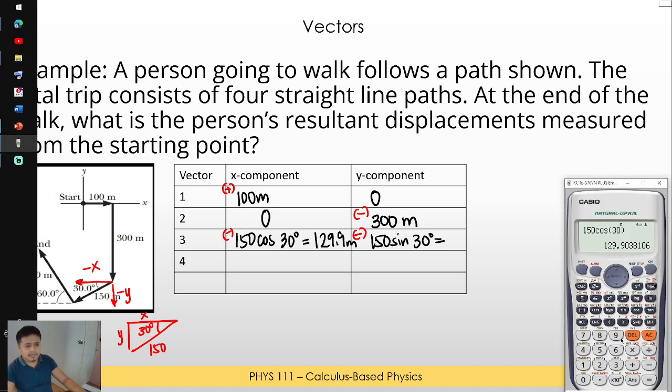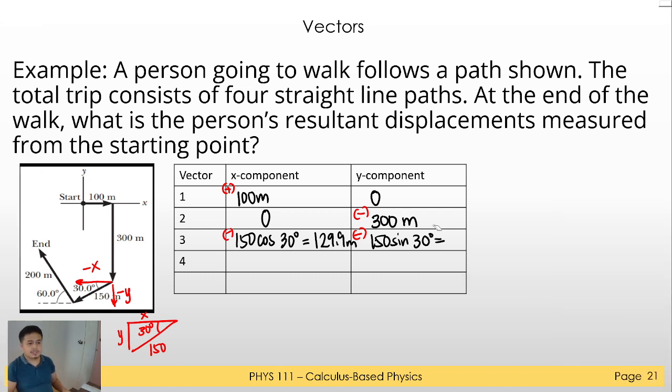And then we have 150 sine 30, so 75 meters, that is negative. For the last one, the x component is towards the left, and then upwards, positive y.